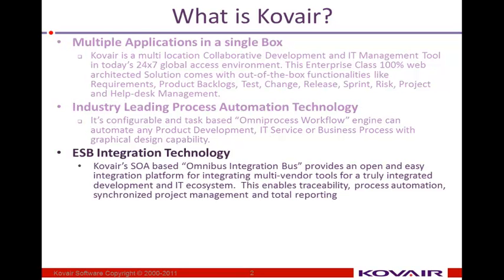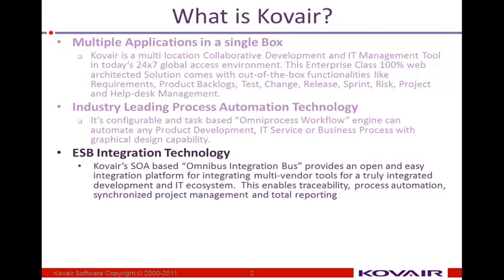The third component of Kovair is its integration technology called Omnibus. Omnibus uses enterprise service bus architecture, which is much superior to point-to-point integration technology, which most of the other vendors use. Also, it uses web services, which means that using Omnibus, you can integrate any third-party vendor tool or even your own in-house grown applications, independent of where they are located.